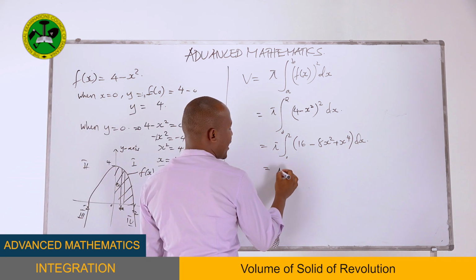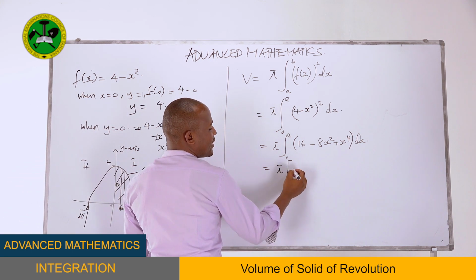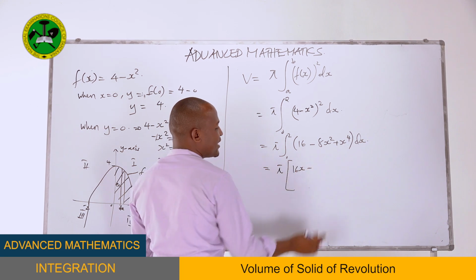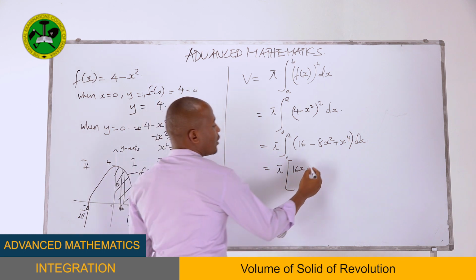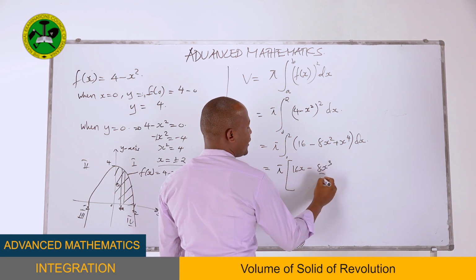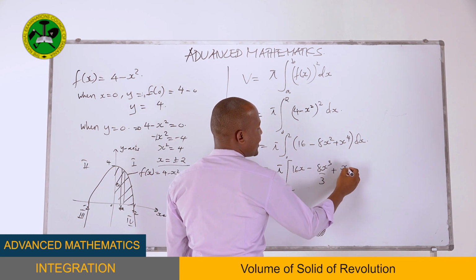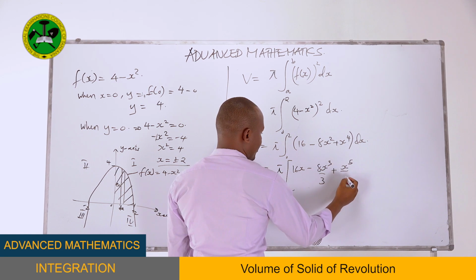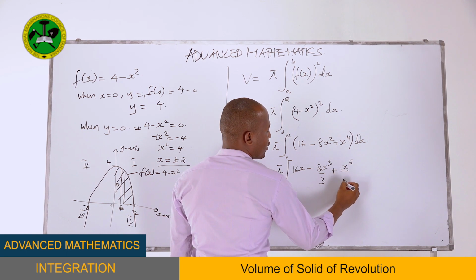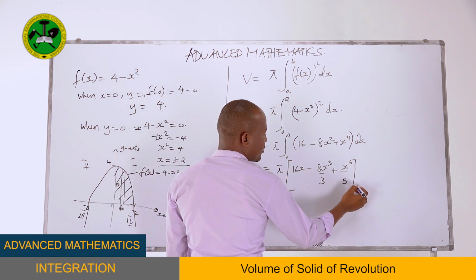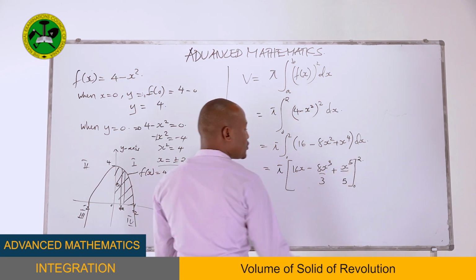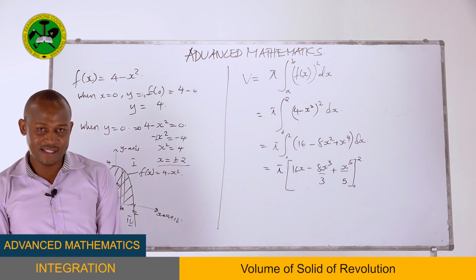It will be pi, then 16x minus 8x raised to 3 over 3 plus x raised to 5 over 5, and all of this is from 0 to 2. Now let's evaluate that.